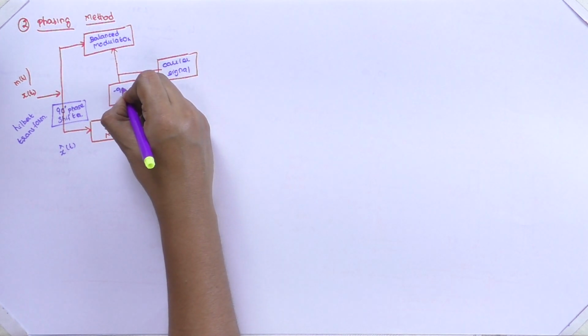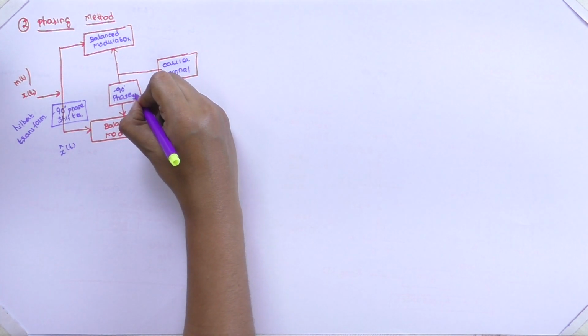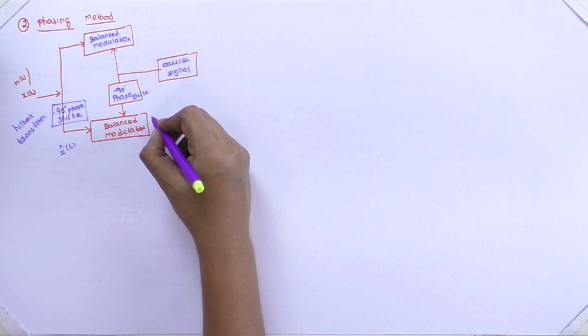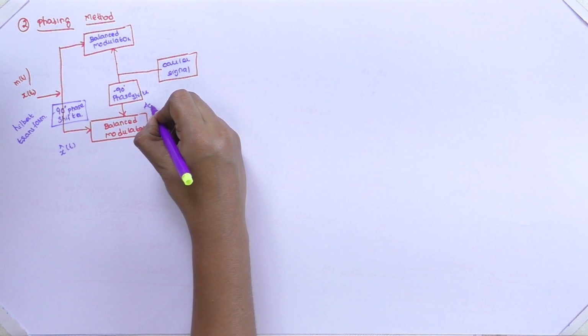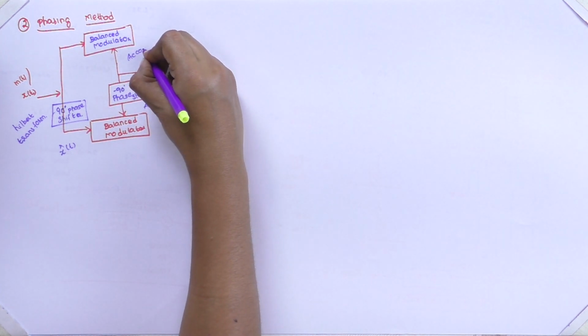In the lower path, again using the 90-degree phase shifter, therefore here our signal will be sin omega ct. Here it is Ac cos omega ct.